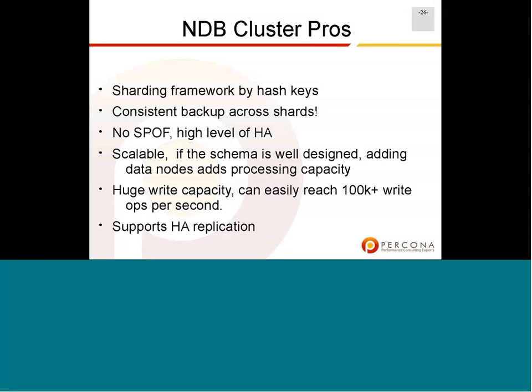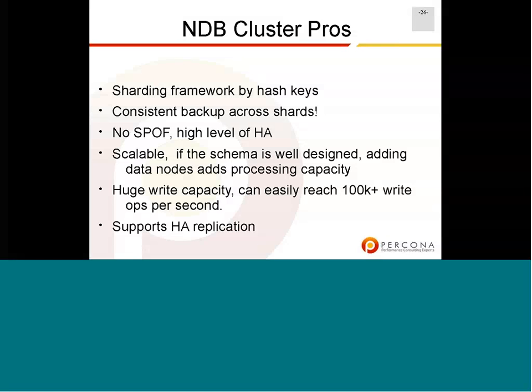Like I said, there's no single point of failure, so the level of HA can be very good. It is scalable. You can add node groups, the pairs of data nodes, online without the application being down. It supports a very high write capacity.